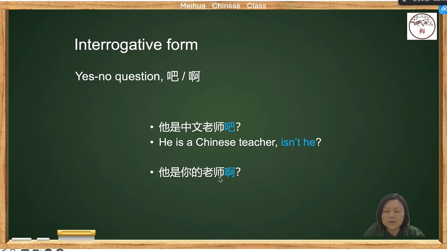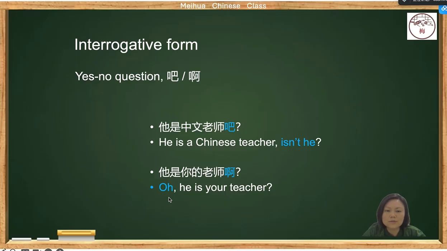The third character 啊, 他是你的老师啊. Pay attention to the tone here. 他是你的老师啊. Does it sound like I'm so surprised, I'm shocked? So in this kind of situation, I use interactive sentence to express my shock, my surprise.